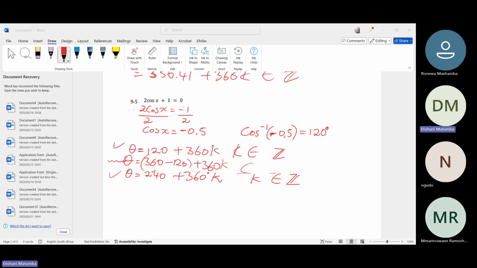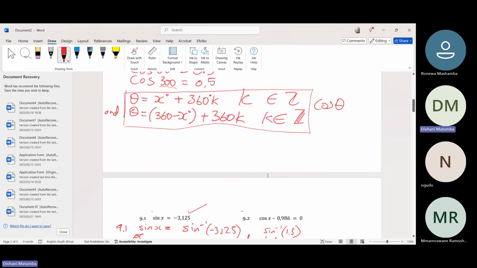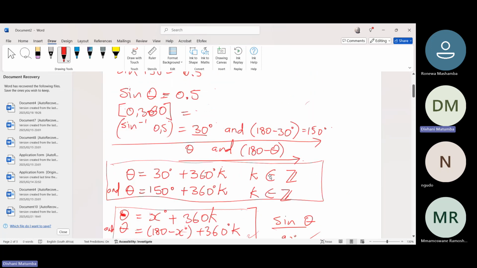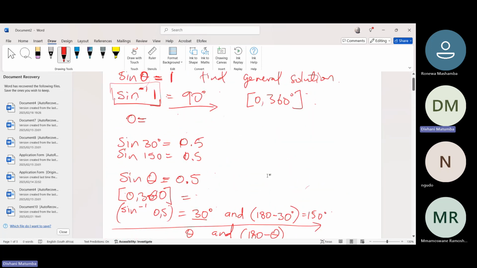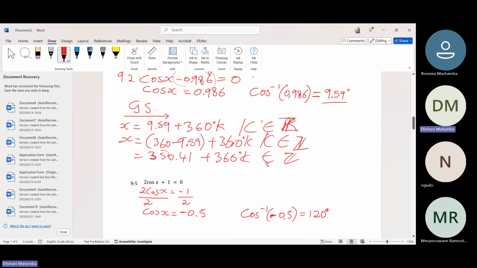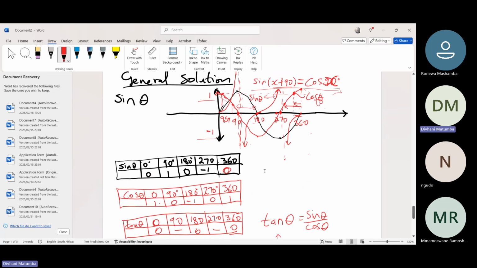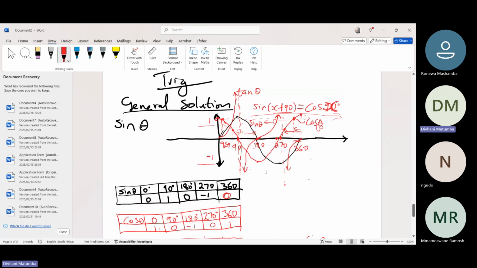Since there's no question, I'm going to move quickly to tan. I'm going to try to overlap time since I don't have any class at the moment, maybe by 25 to 30 minutes, as long as I've covered all the functions. I'm done with sine and cos. Now we're moving to tan.